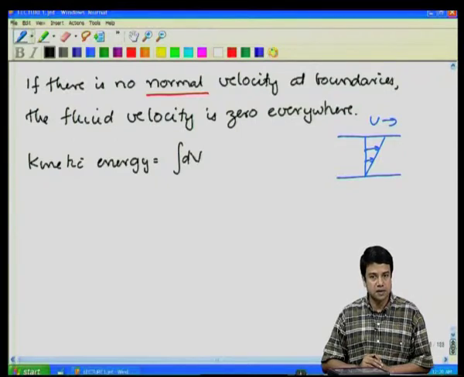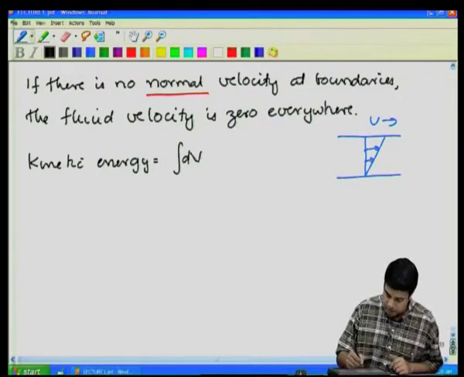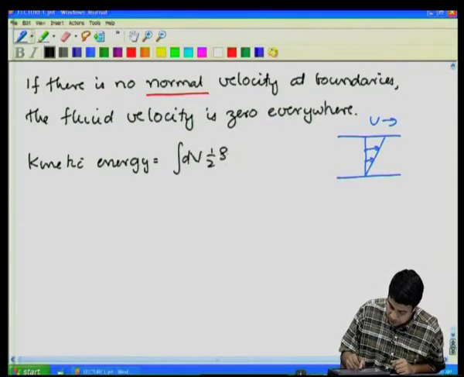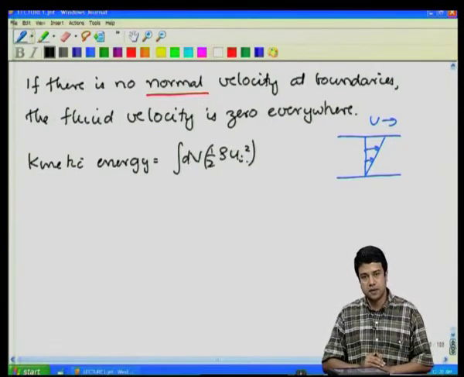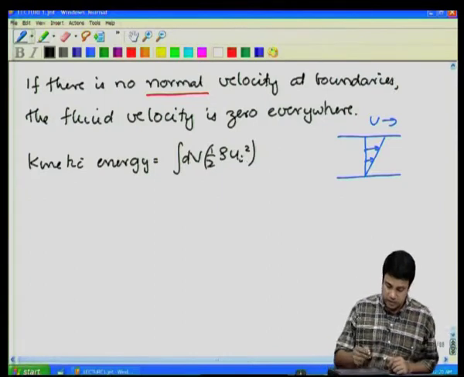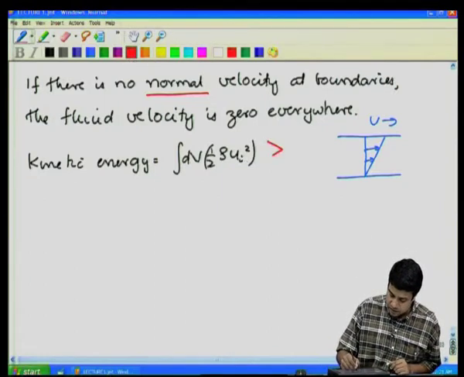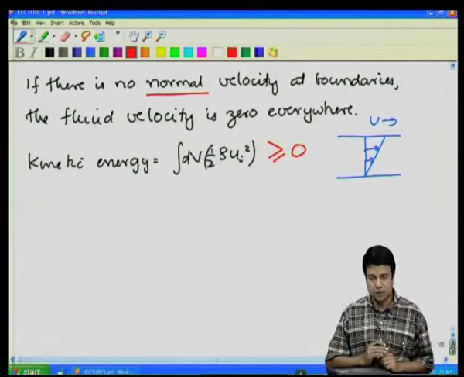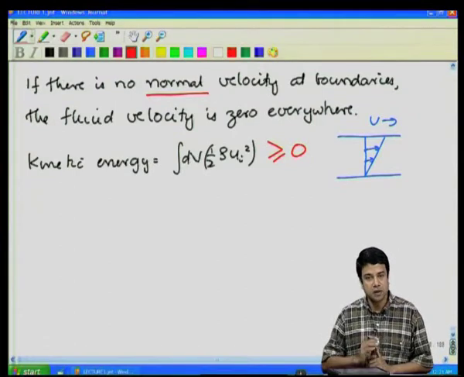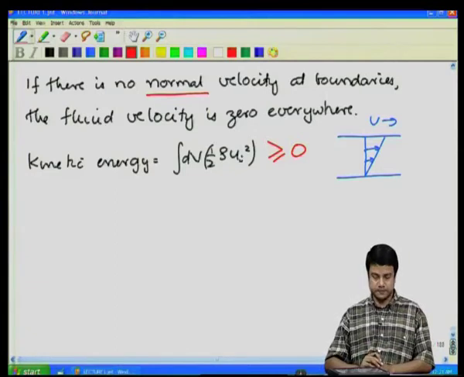The local kinetic energy per unit volume is mass per volume density times the velocity square, which is half rho u_i square. This is always a positive quantity. It is positive semi-definite. It is always greater than or equal to 0, because the density is positive and u square is a positive number.